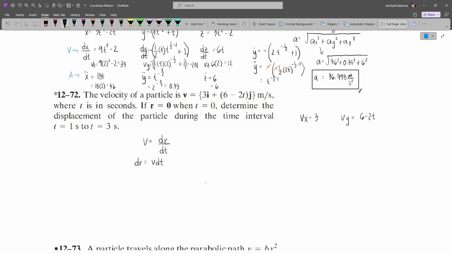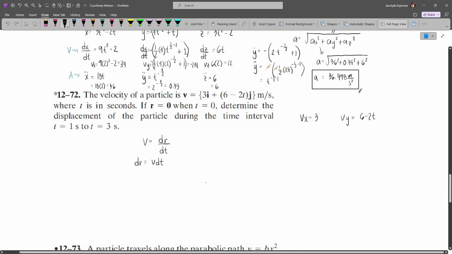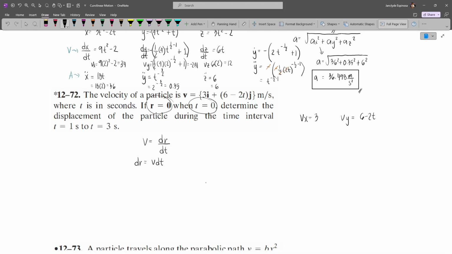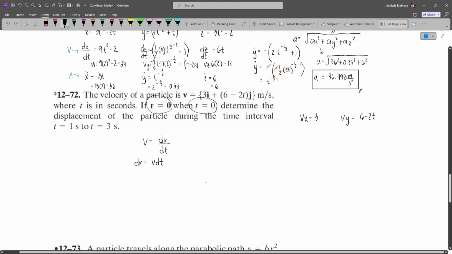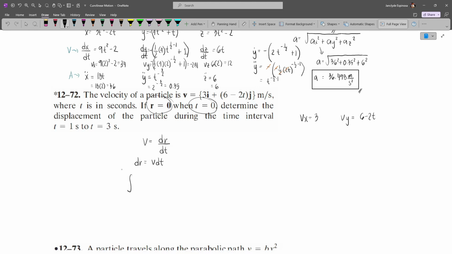Now we are given the boundary conditions. And so what this means is we actually have upper and lower limits for the variables r and t. So we will use these as the lower limits. So since we need to integrate this in order to get r, which defines our position, we now have the integral from the lower limit, which is 0, and then our upper limit is r of dr equals the integral from 0 to t of the velocity.